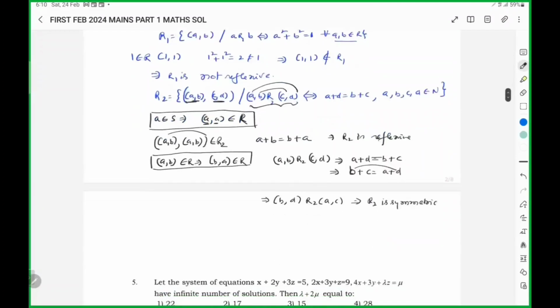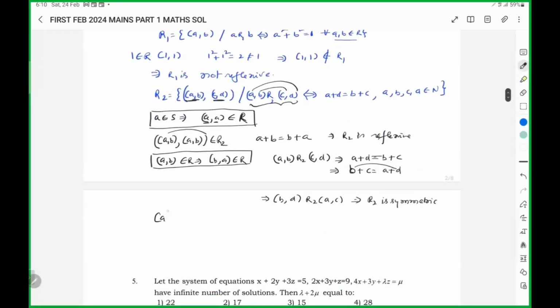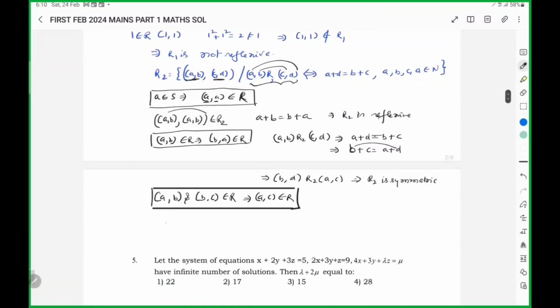Now for checking transitive: if (A, B) and (B, C) are there in the relation, which implies (A, C) is there, then we say such a relation is a transitive relation. Here we have to take three elements, two ordered pairs.